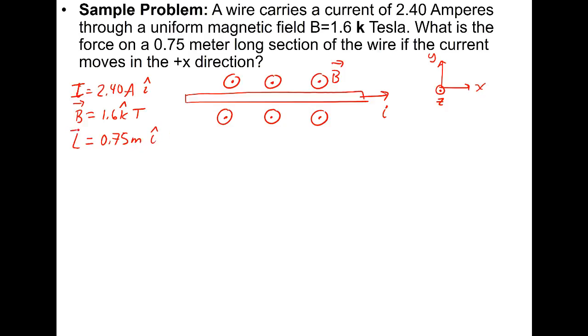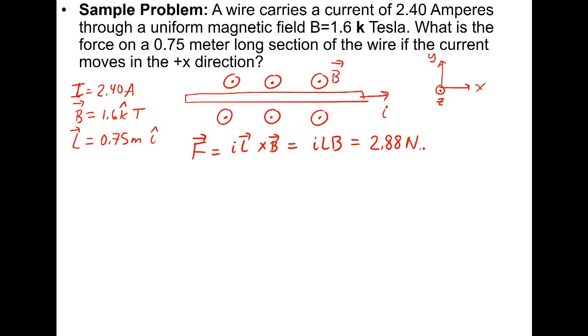Technically, we should say L is equal to 0.75 meters i-hat and take the i-hat off of the current, because F is equal to IL cross B. So L and B are at 90 degrees, so it's just going to be ILB as the magnitude. And so we can plug that in, and we can obtain for this a force value of about 2.88 newtons.